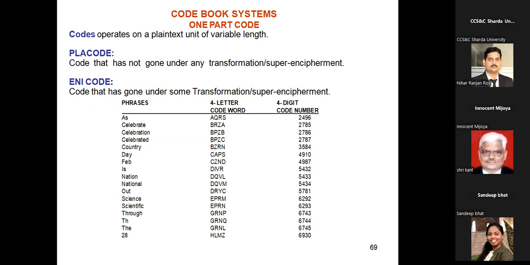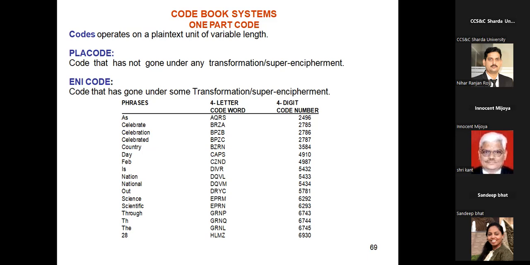Code that has not gone under any transformation or super-encipherment is called plain code. Code that has gone under some transformation or super-encipherment is called cipher code. And what is code? Allotting some 3-digit, 4-digit, 3-letter, 4-letter words to the plain language.